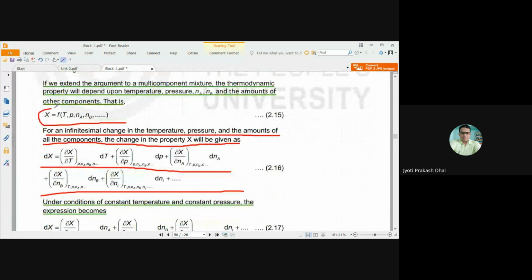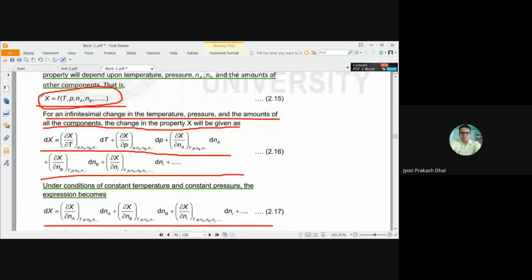Then X equals a function of temperature, pressure, NA, NB, NC, ND, etc. For infinitesimal change of temperature, pressure, and the number of moles of all the other components, the differential form will become dX equals del X by del T at constant pressure and constant number of moles of all the components dT plus del X by del P at constant pressure, sorry, here that will be constant temperature.